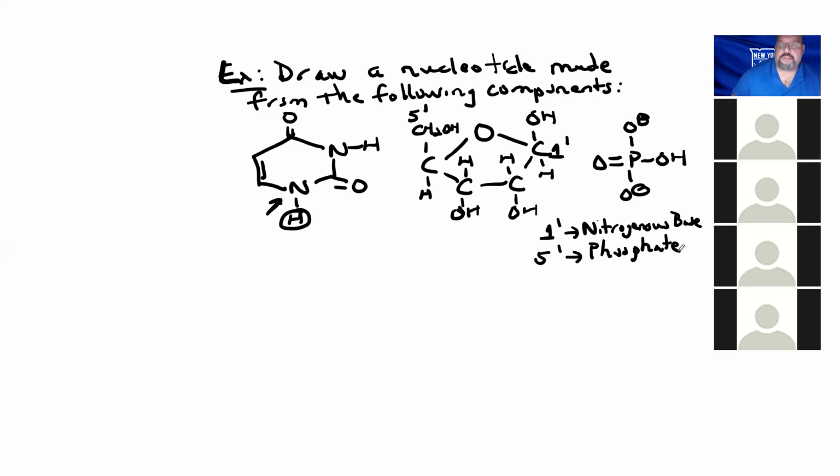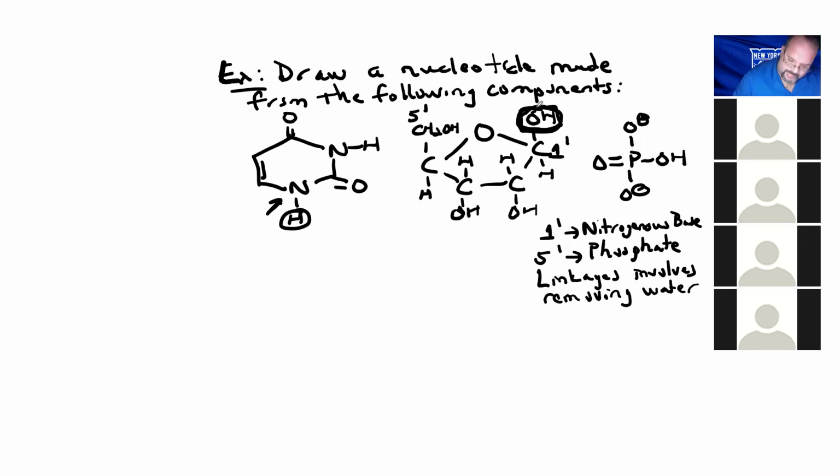Essentially, each of those linkages involves removing water. Because off of carbon 1', I'm going to take off the OH, and I probably should have circled that. So the OH and the H, that's going to be one water that's going to be removed.